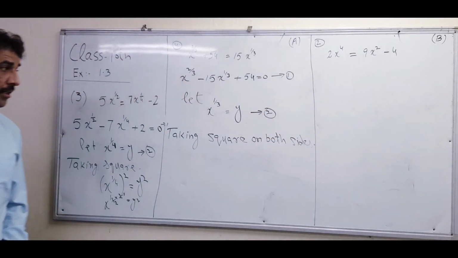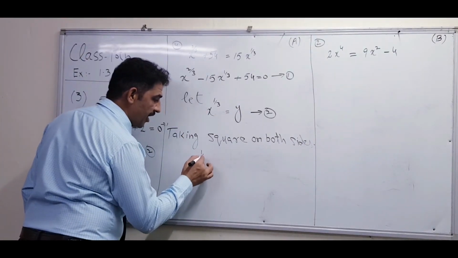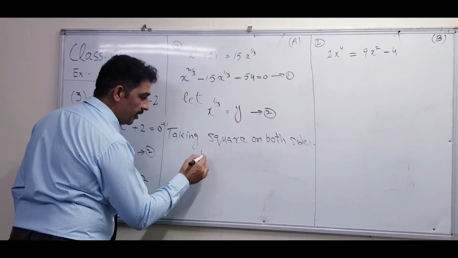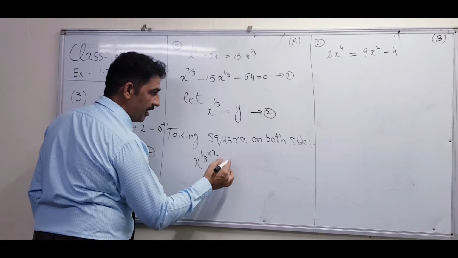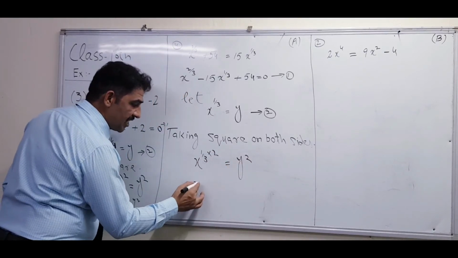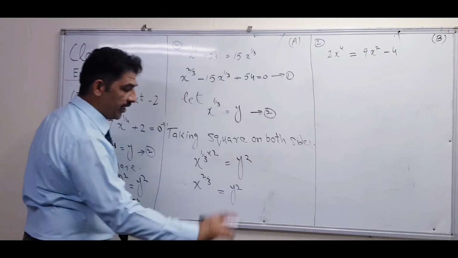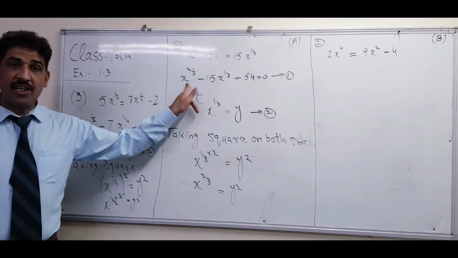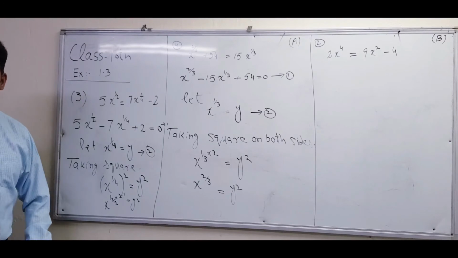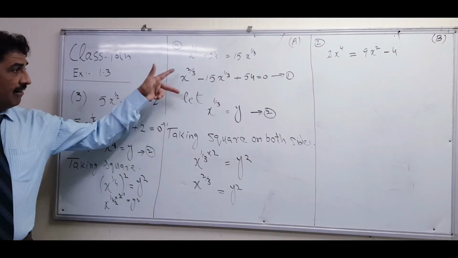We will name it as we named the earlier one as equation number 1, so name this one equation number 2. Taking square on both sides. So when you're taking square, x exponent 1 over 3, you can write it here, multiply by 2. Here 2. Then what will you get as the answer? x exponent 2 over 3 is equal to y square. The value of 2 over 3 has come, and the value of 1 over 3 has also come. Then you will write from equation 1 and 2.